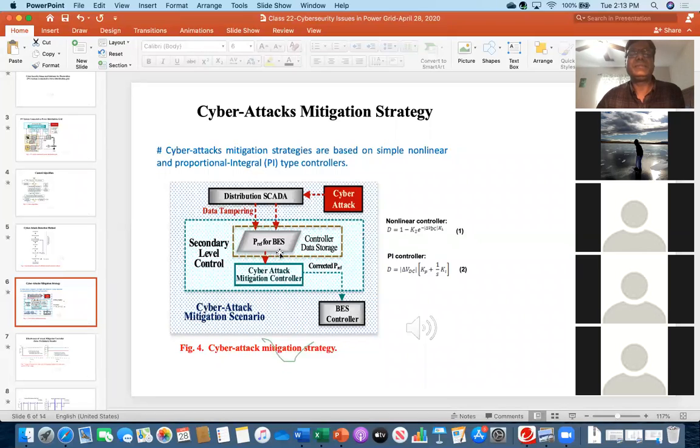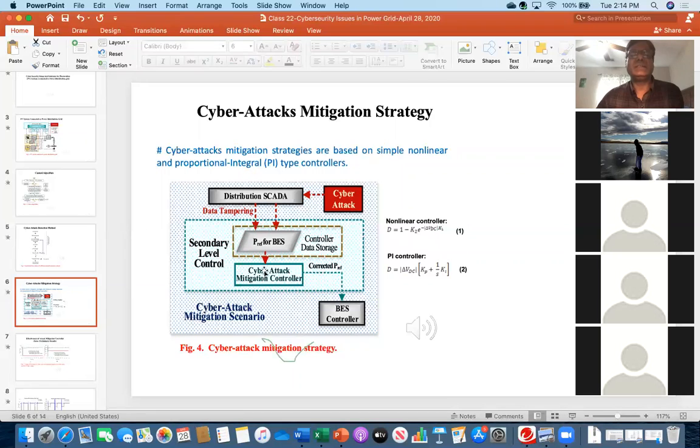But what I am doing is this: the cyber attacker entered through SCADA and changed that P reference, but I put some attack mitigation controller. Although in equations 1 and 2 I showed the duty cycle case, for this case you can put P reference here instead of D. That is the meaning.